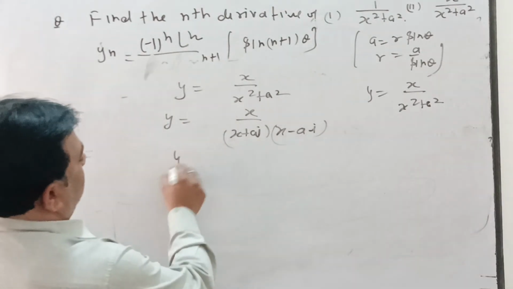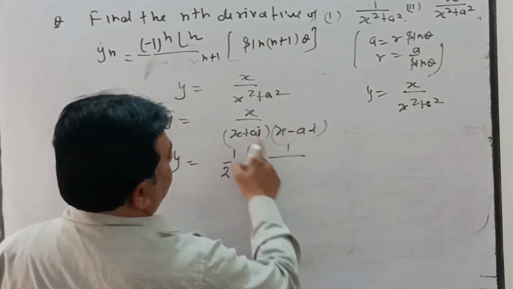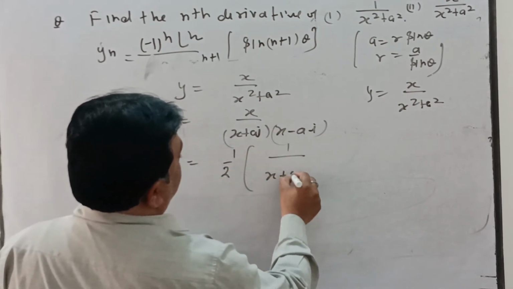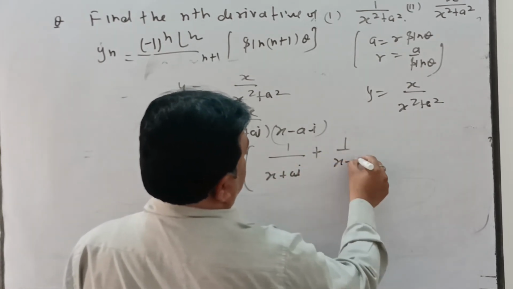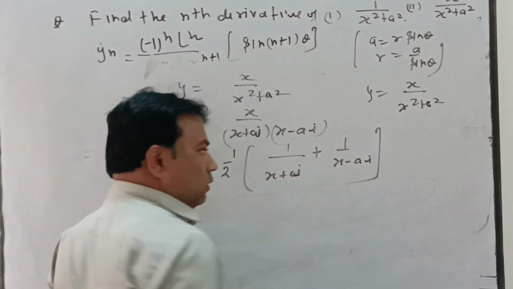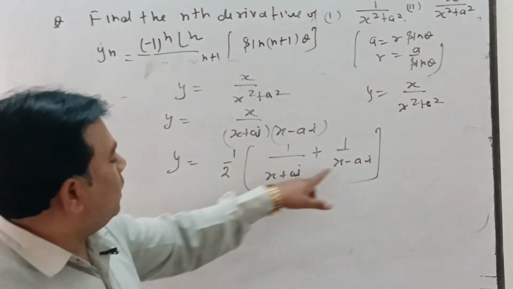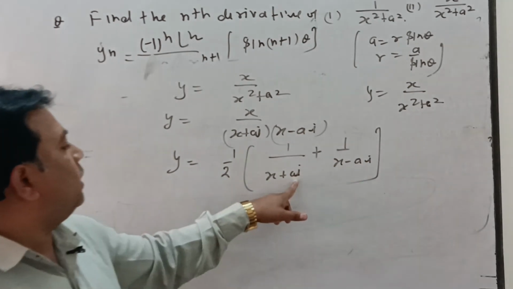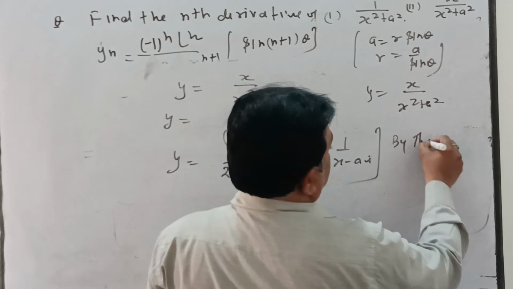So again y equals 1 upon 2, 1 upon x + ai plus 1 upon x - ai. Okay, factorized by partial fractions, x minus ai, this cancels out ai and ai, 2x, 1 by 2, by partial fractions.